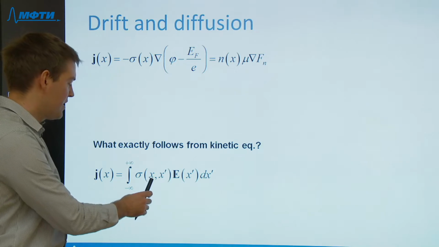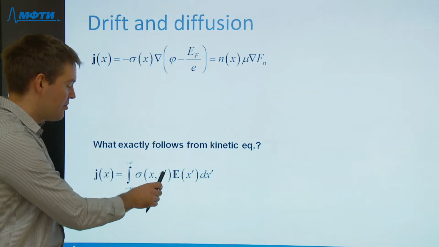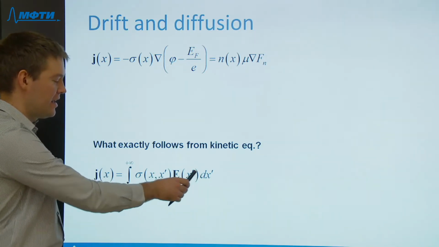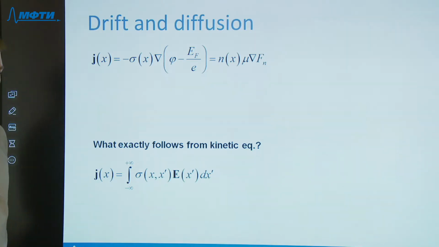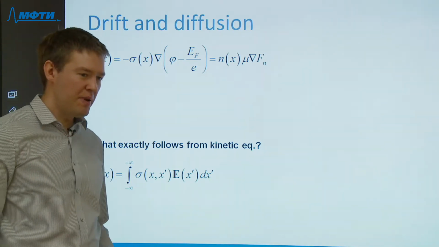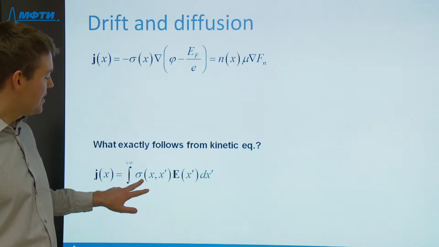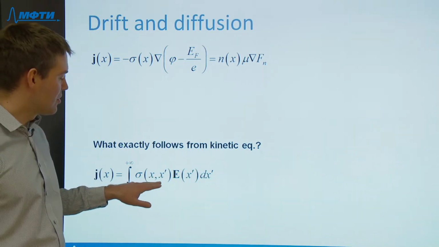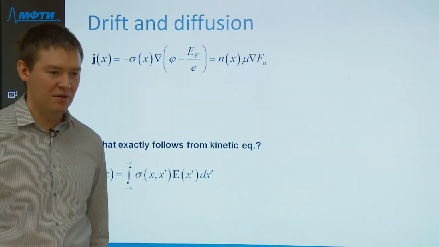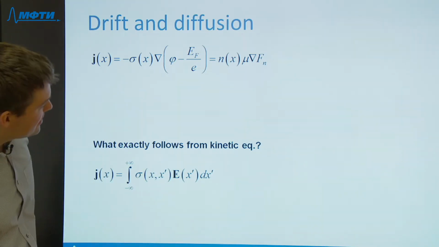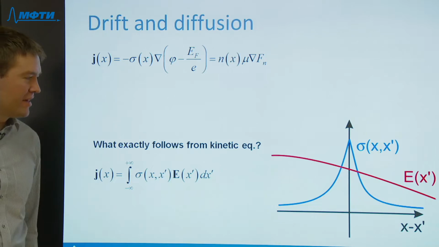It depends on the observation point x and the points where we collect the electric fields, x prime. And if we try to paint these two terms, the conductivity depending on two coordinates and the electric field depending on one coordinate, the sketch would be roughly the following.